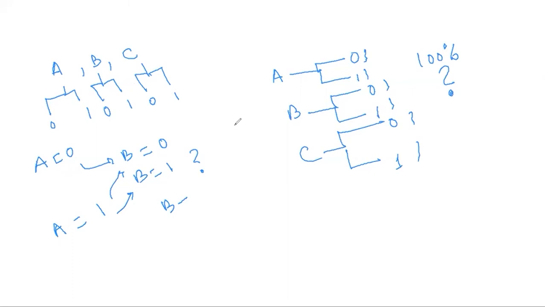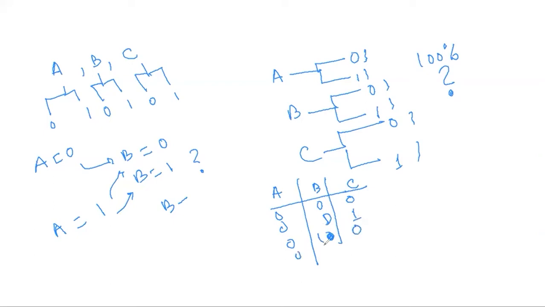So in this case, how many combinations are possible? 8 combinations are possible. So what are those? Let's take a simple example. If A is 0, B can be 0, C can be 0. If A is 0, B can be 0, C can be 1. If A is 0, B is 1, then C would be 0.